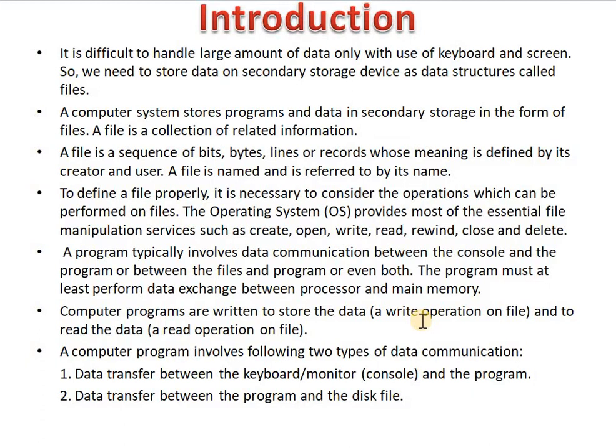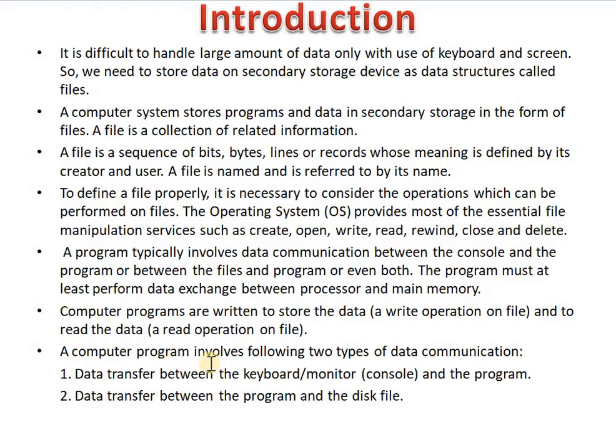When we want to write or store some data to the file, we do the write operation. And when we want to retrieve the contents of the file, when we want to display or get the contents of the file, at that time we do the read operation on the file.